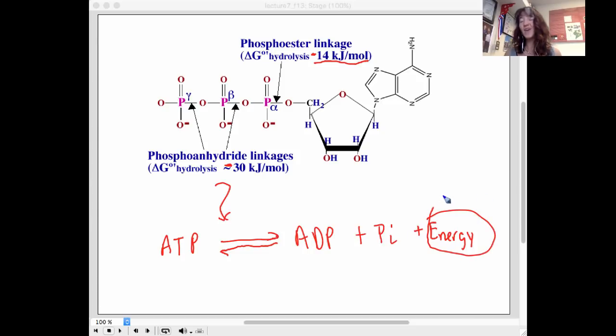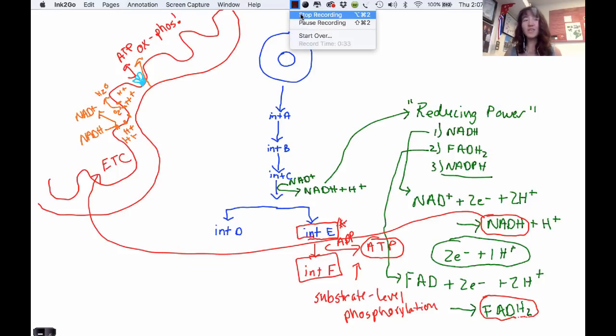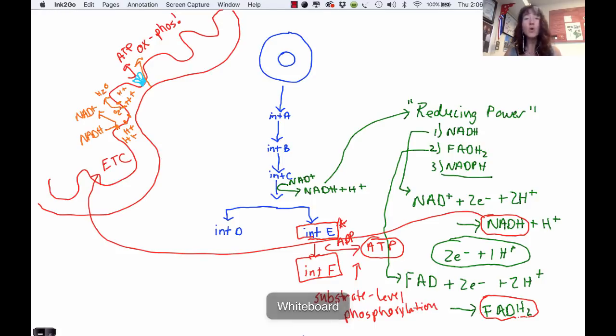Now, hey, pretty cool connection coming about here, because if we go back to our image, we can recall that ATP could be made in two different ways. It could either be made via substrate level phosphorylation, where the energy to make the ATP came from intermediate E, from a molecule. So there's the energy coming from that molecule, a high energy molecule, or the energy could come from the proton motive force.